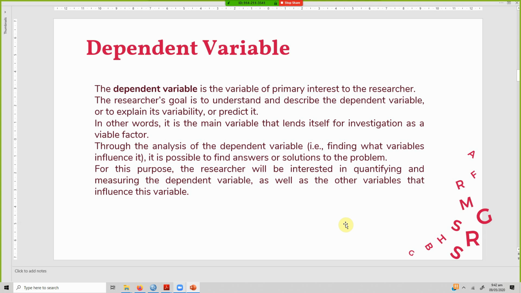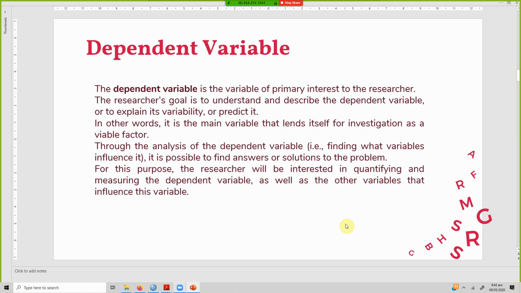Now, for the purpose, the researcher will be interested in quantifying and measuring the dependent variable, as well as other variables that influence this variable. In order to develop your understanding and reach conclusive findings, you quantify your dependent variable. Instead of asking what influences the job satisfaction of people, you ask about the level of job satisfaction of people.